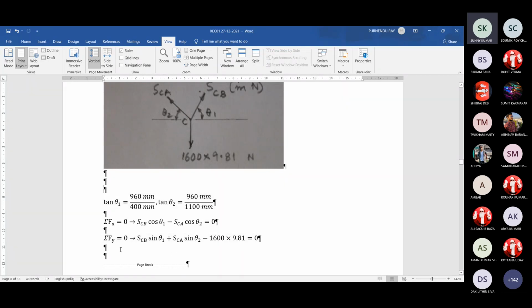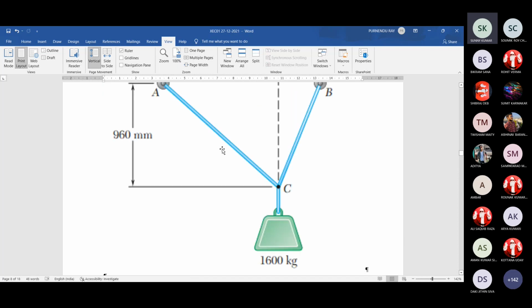But this thing will be more important because for most of the problems, the situation is not only of this kind of 3-4 situation. There may be, suppose 5 forces, but only 2 unknowns, SCB and SCA. But at this joint C, maybe 3 forces are acting. One force is vertical downward, one force is inclined in this direction, other force is horizontal, it may be.